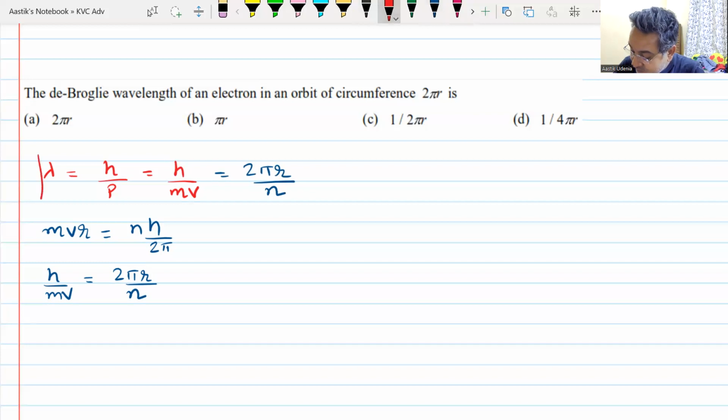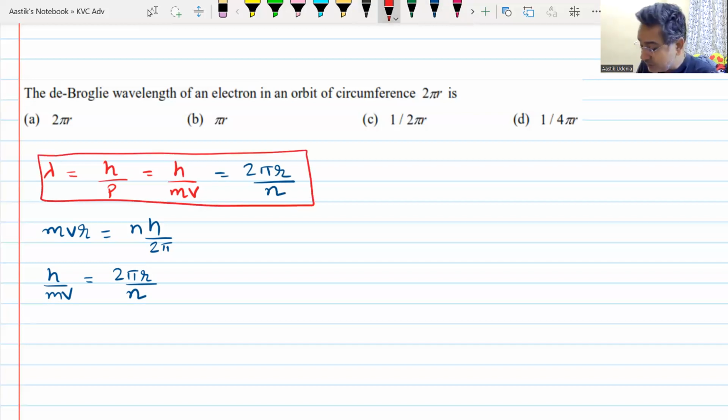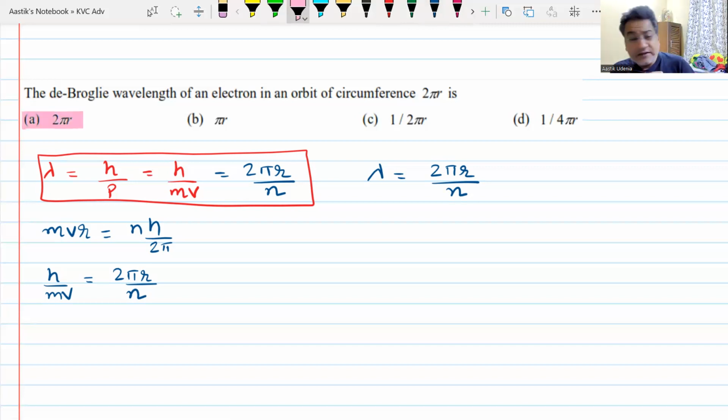And this becomes a very important relation for an electron moving in a circular orbit. The de Broglie wavelength lambda will be given by 2 pi r divided by n. A very, very important result. If we put the value of n as 1, the answer would be matching with 2 pi r. If the value of n was given as 2, which is not mentioned in the question, the answer would have been pi r.